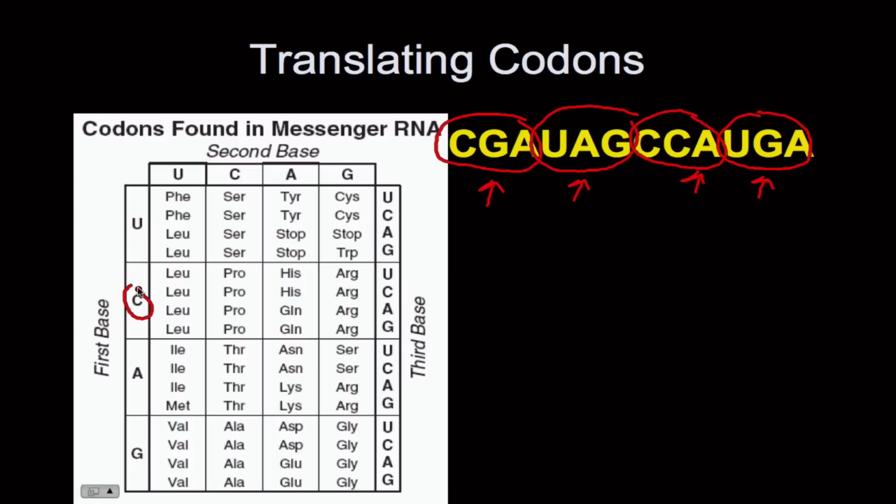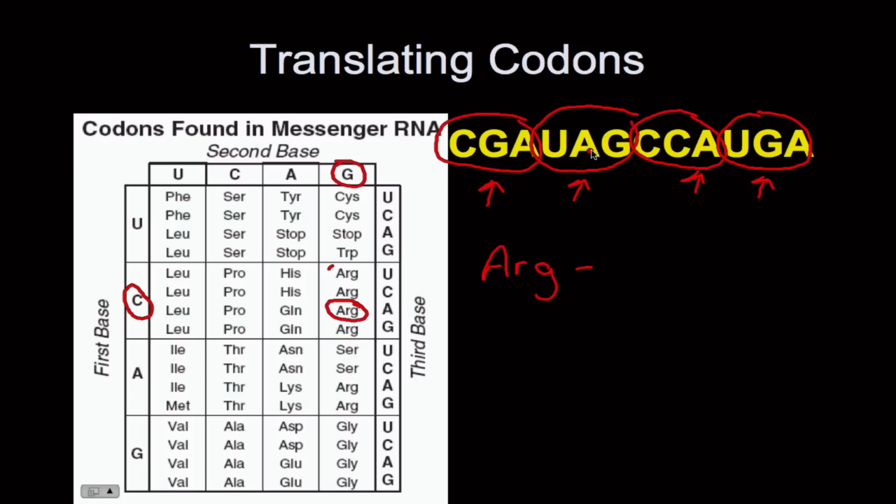So we come over here to the left. The first letter is C. The second letter is G. We come up to the top for the G. And the third letter is A. So we'll come over here to the third letter, C and G put us here. We look for A, and we have Arg, and this is not pirate speak, but that's actually arginine.